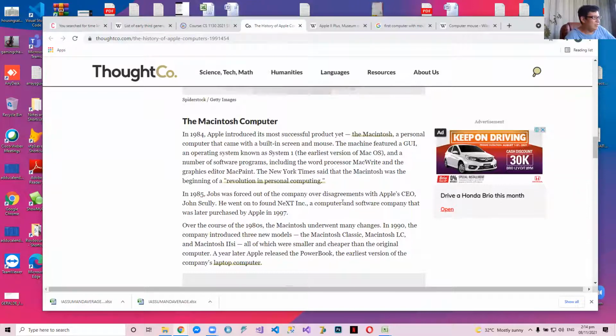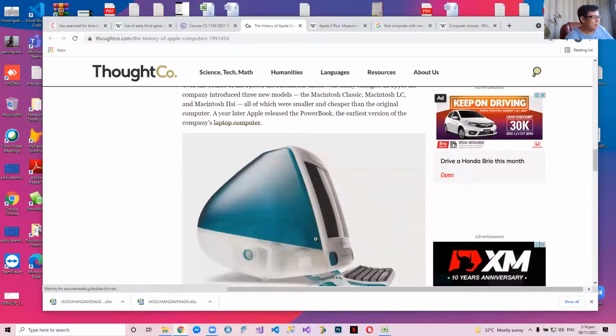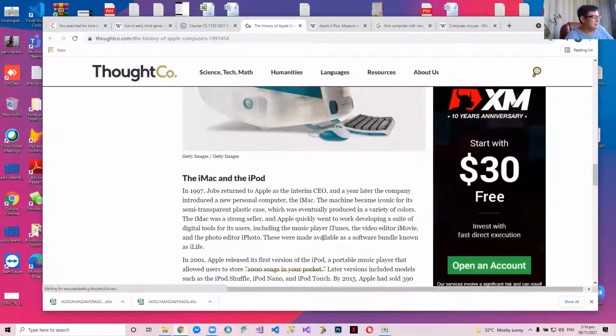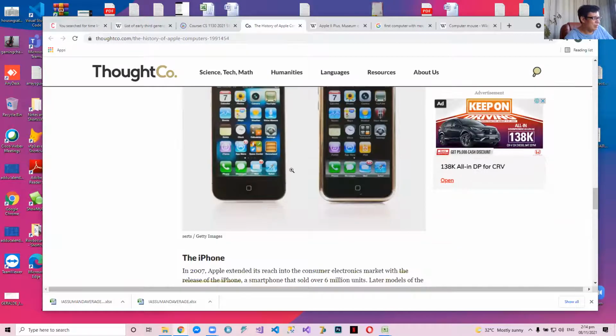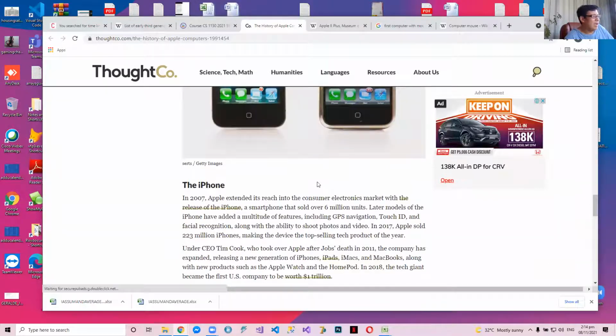In 1985, Steve Jobs was kicked out of Apple, and he built his own company called NeXT. But later, he was also hired back again. No? Okay, in 1997, Steve Jobs returned to Apple, and then he introduced what you now have, the Mac OS, the iPhone.